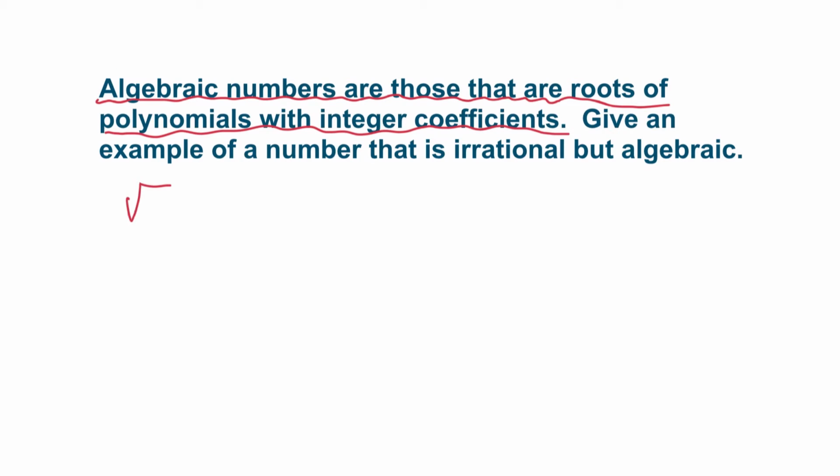That is, it is not the ratio of two numbers, but is the solution of a polynomial with integer coefficients. So the classic example here is square root of 2. I'll say it's known to be irrational, but it is a solution to the polynomial x squared minus 2 equals 0. So in fact, it is an algebraic number, even though it's irrational.